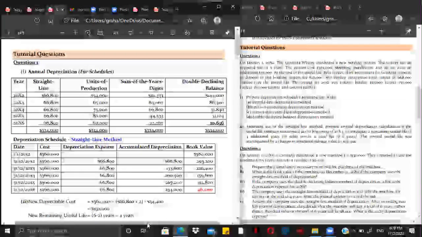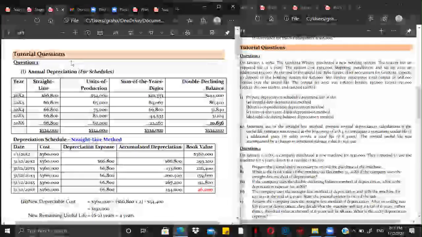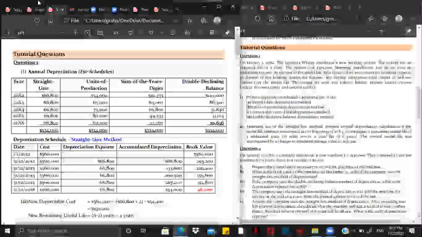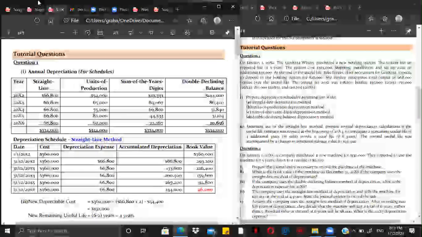The formula is capitalized cost less the residual value over the expected production over the life of the asset. That would be 360,000, which we calculated for the straight line as well, less the $26,000 residual value, over the 668,000, and that would equal 50 cents per bottle. That is the depreciation expense per unit.